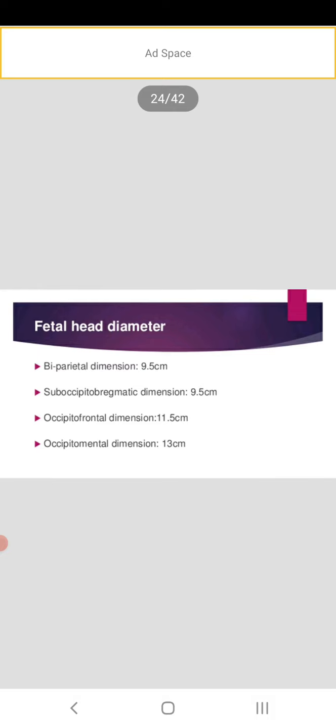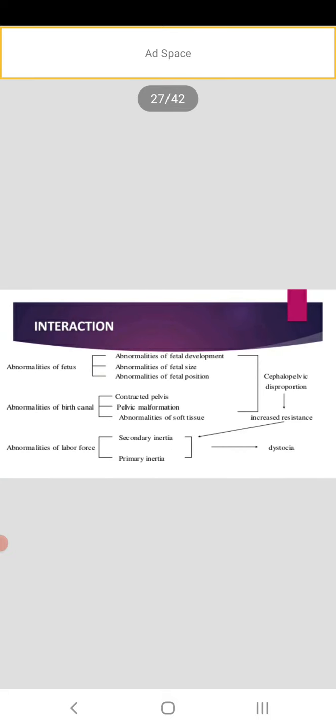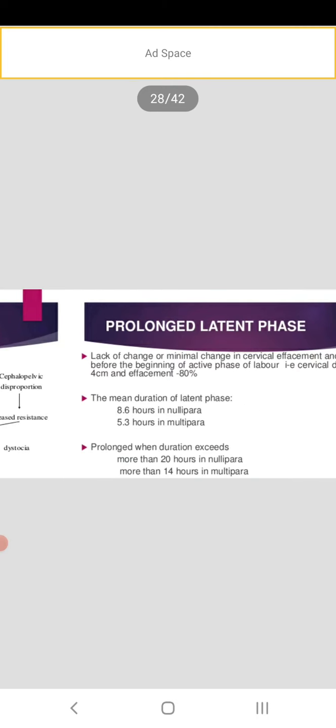These diameters you may study in the fetal skull, which you have studied. This figure also represents them. Then interaction of abnormalities of fetus, birth canal and uterus, that is the passage. All are the ways abnormalities occur during the passage.